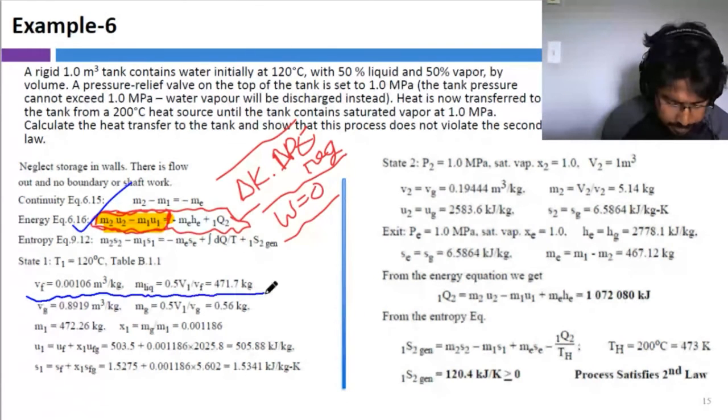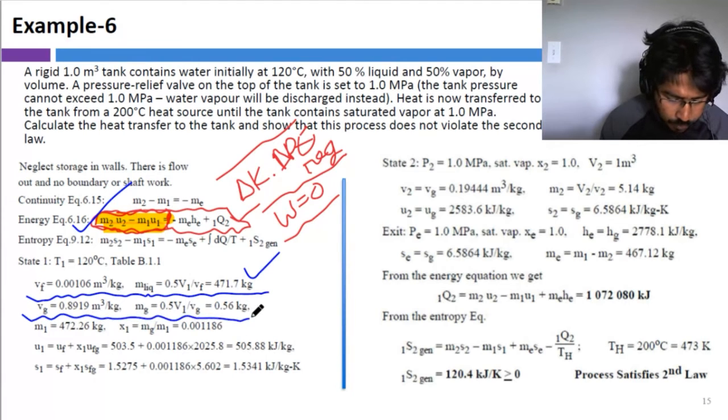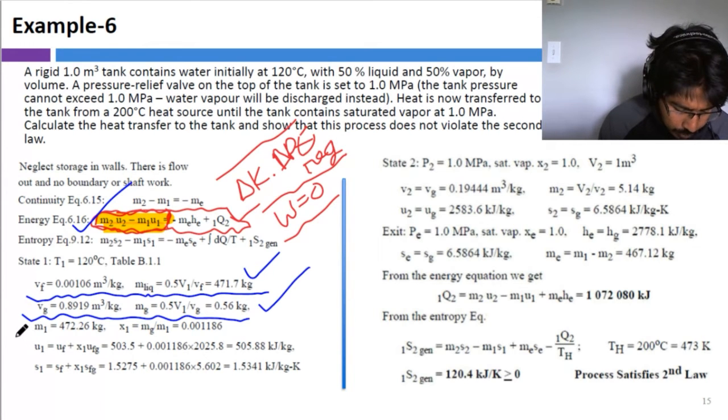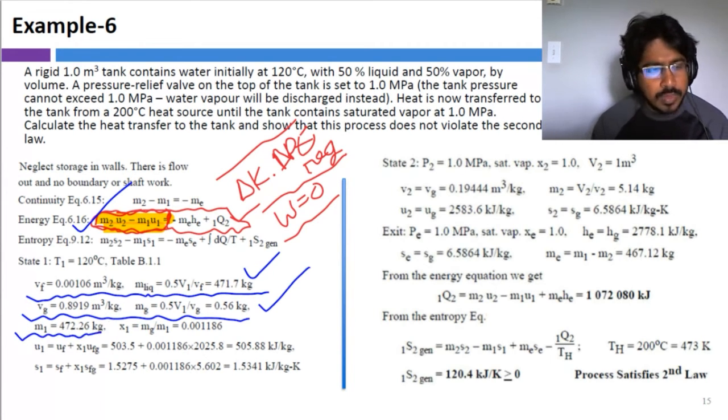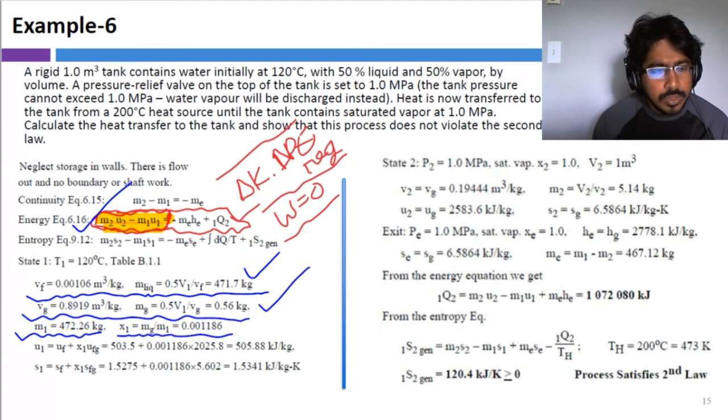Vf at the given temperature 120 Celsius can be used to calculate the total liquid mass in the system. Vg and the volume fraction of the vapor in the system can be used to calculate the vapor mass. And by the sum of these two, we know M1, the total mass at state 1, and then we can calculate the quality of the system using vapor mass divided by the total mass.